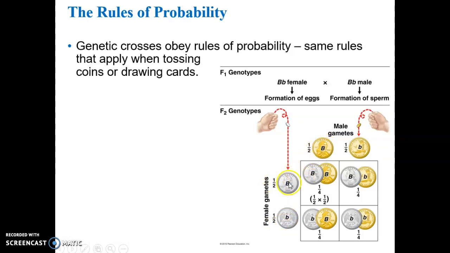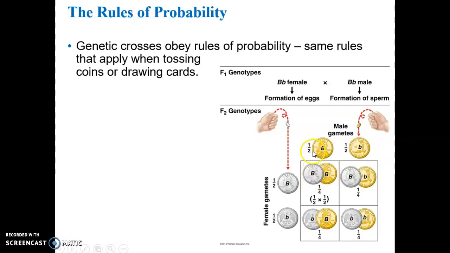Sperm fertilizes egg. If that happens, what's the probability that the offspring, the baby that's produced, its genotype, is going to be homozygous dominant, capital B, capital B?